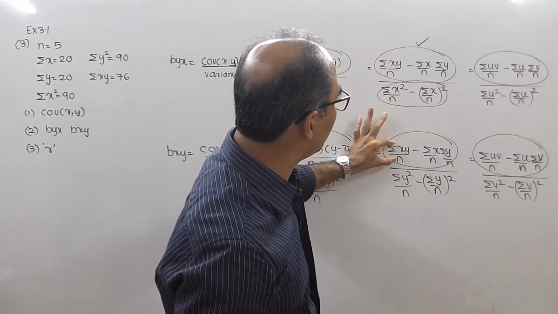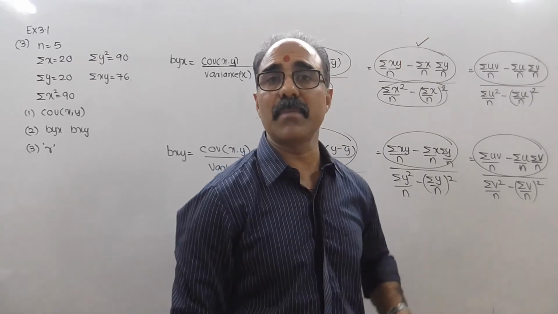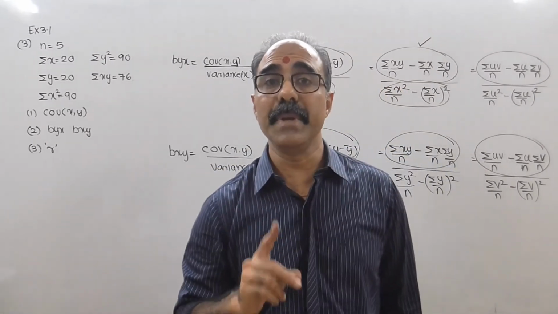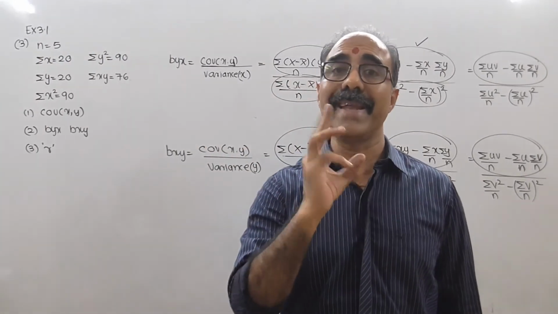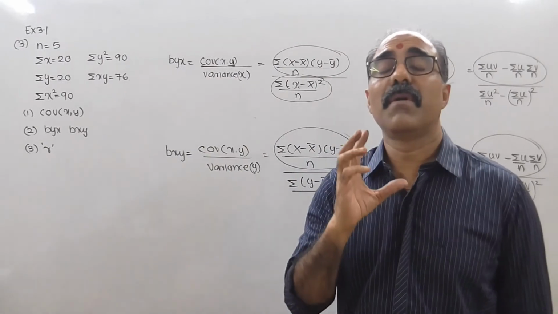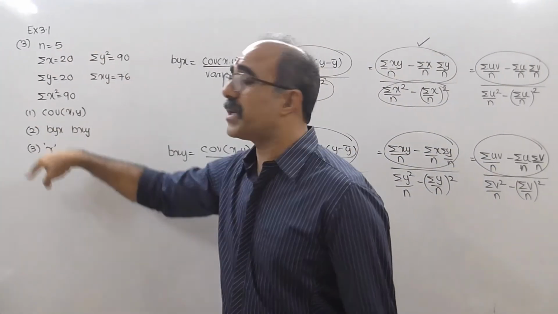Sigma xy upon n, sigma x upon n, sigma y upon n. So you have to understand that covariance of xy means the numerator of any of the three formulas. And if you have to analyze which formula to use, check the information given in the question.